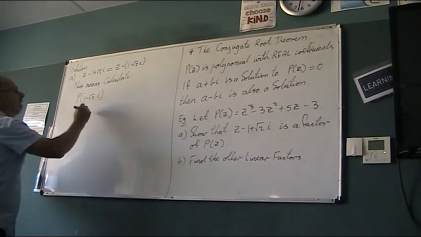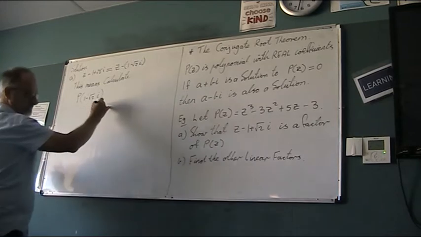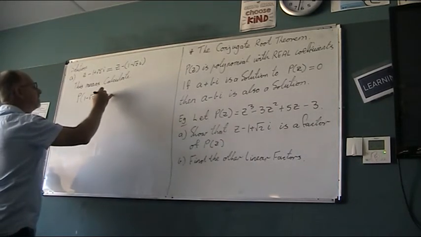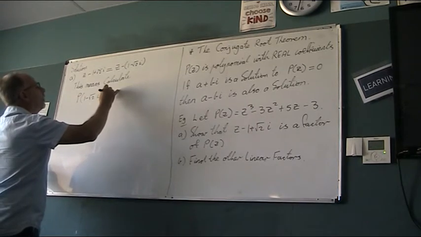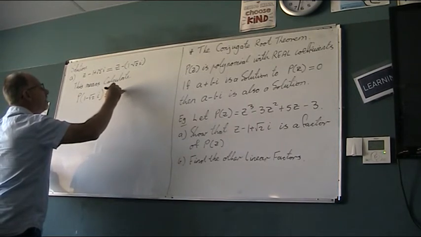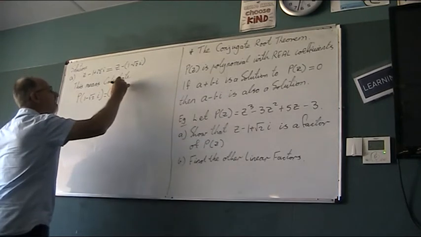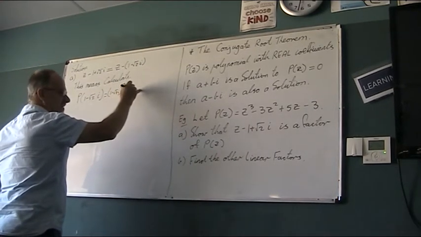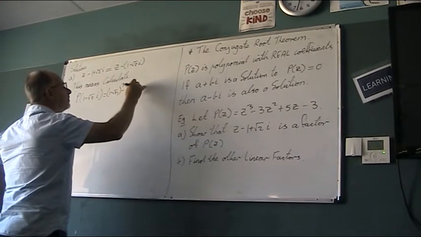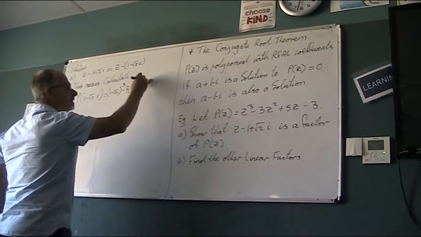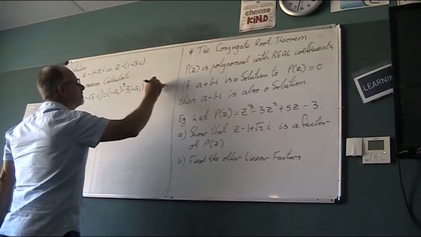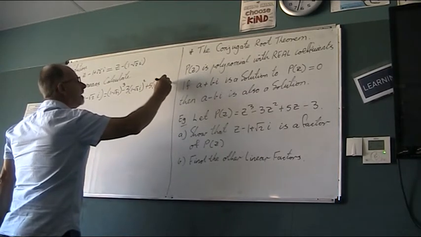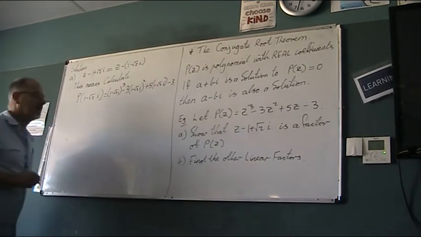So I'm putting 1 minus root 2i and I'm cubing it, and I'm taking 3 lots of 1 minus root 2i squared, plus 5 lots of 1 minus root 2i, and then I'm taking 3.